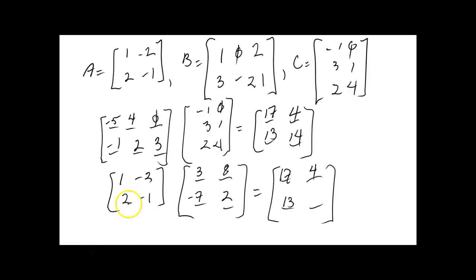The 2, 2 entry, second row by second column, 16 minus 2 is 14. Got it? So that doesn't prove it, but it illustrates that matrix multiplication, as long as the matrices are sizes that you can multiply, is associative. And we showed we got the same result both ways we grouped them.